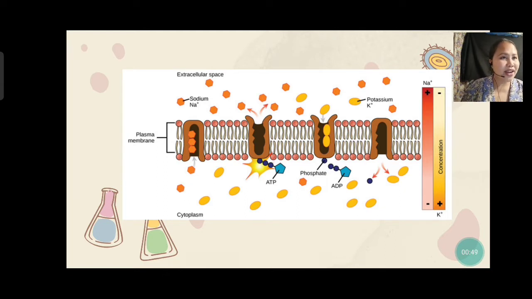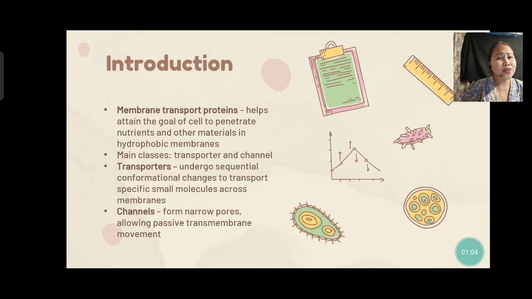The plasma membrane has several functions, and one of these is to transport nutrients inside the cell and toxic substances out of the cell. So, the membrane transport proteins. These membrane transport proteins help attain the goal of a cell to penetrate nutrients and other materials in hydrophobic membranes.